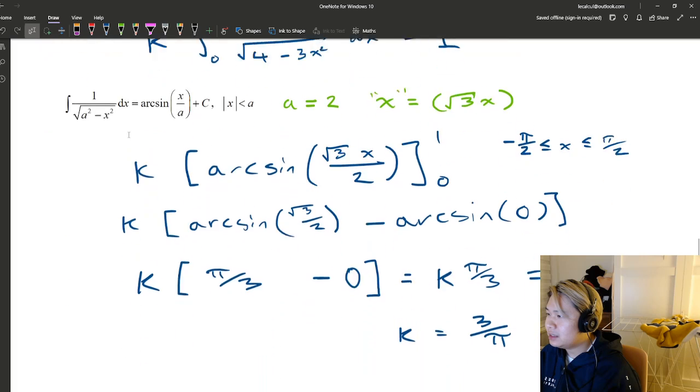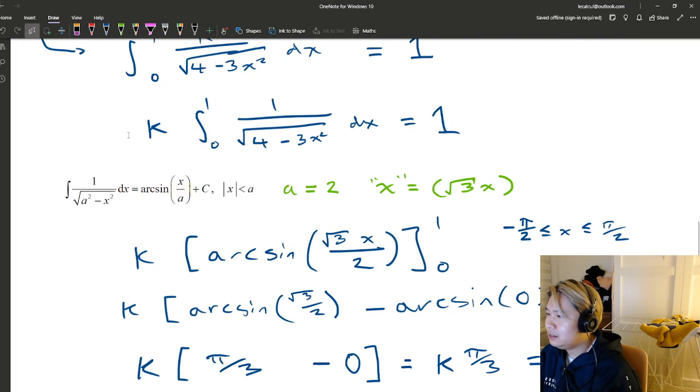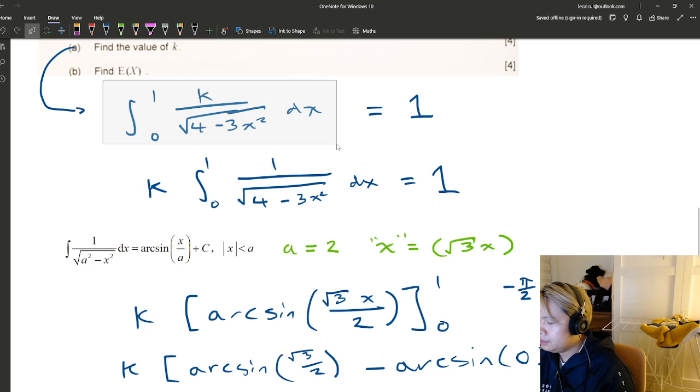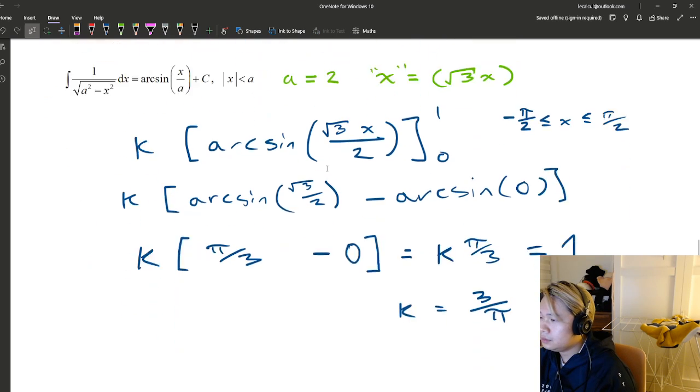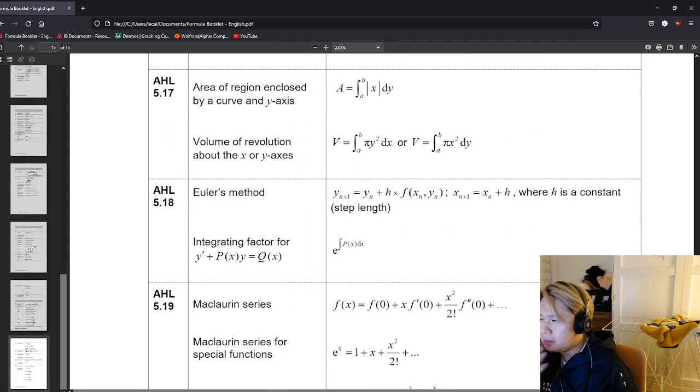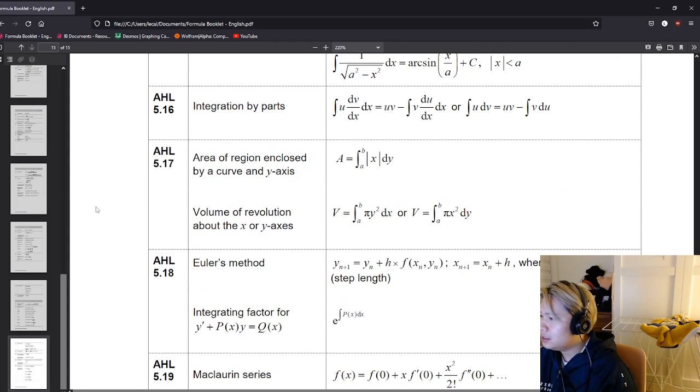And then next up, find the expected value. So the expected value is this integral. Here, let me just show you the formula. There's a formula for it. Where's statistics?